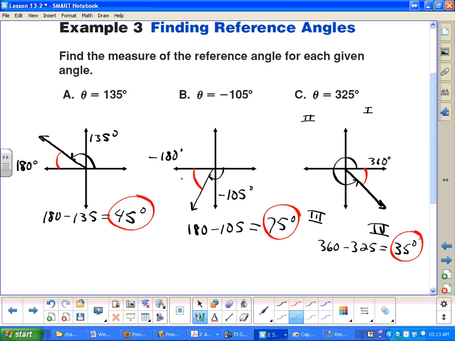And in letter C, positive 325 degrees is in the fourth quadrant, so you can see where it is. So for the second, third, and fourth quadrants, it's from the terminal side to the x-axis. How far is it? And that is our reference angle.